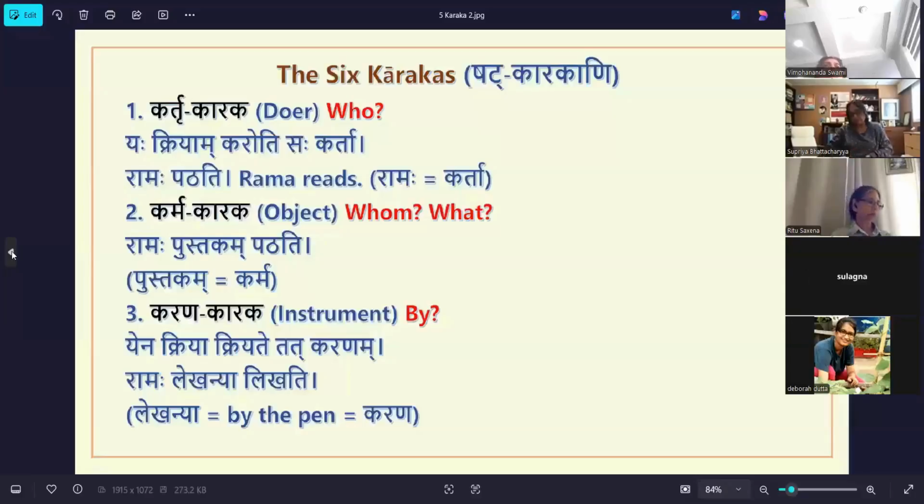Since pen is the instrument, it will take third vibhakti. So first one will answer the question who. Second vibhakti will answer the question what. Third will answer the question with what, by what. Okay. Now go to the fourth one.